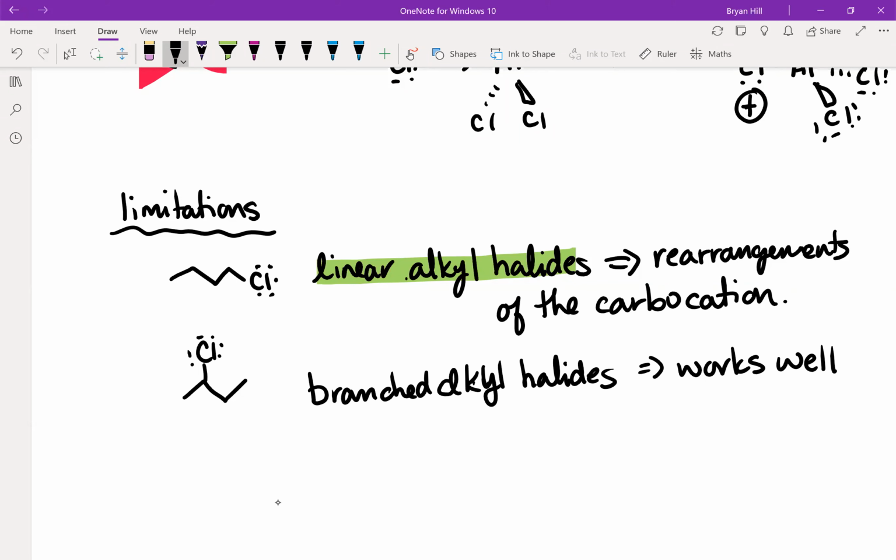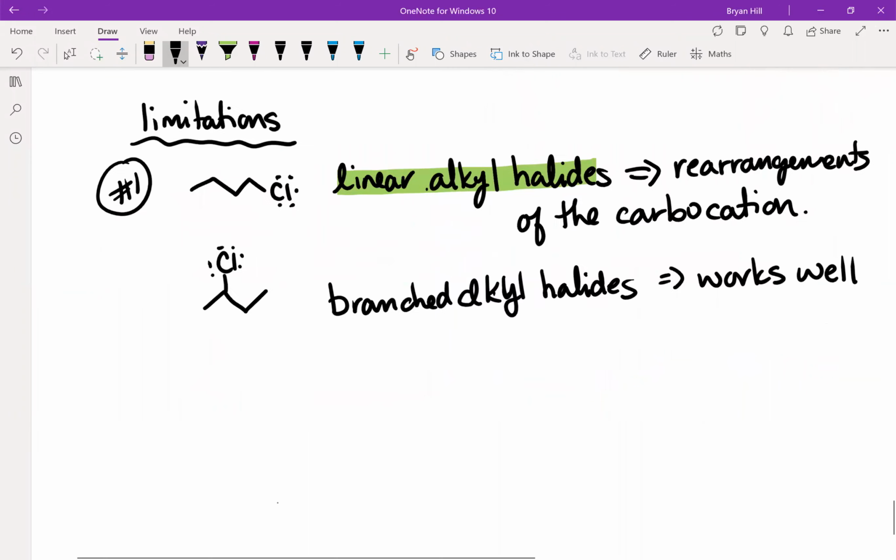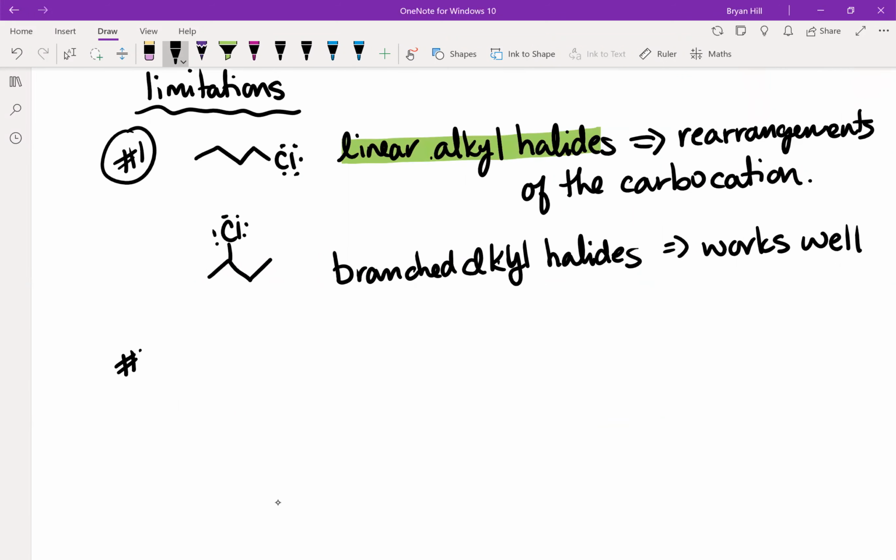So with linear alkyl halides, you get that carbocation rearrangement. With branched alkyl halides, it seems to work much better. The other sort of limitations, so this would be number 1. Number 2 was what we talked about last class, which was over-alkylation.